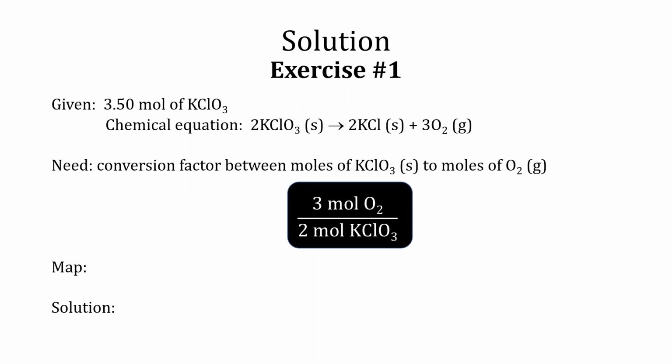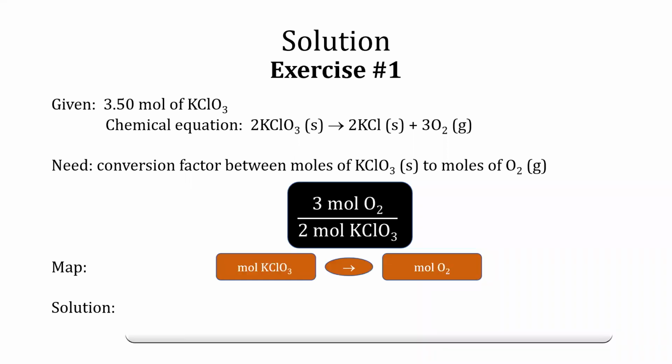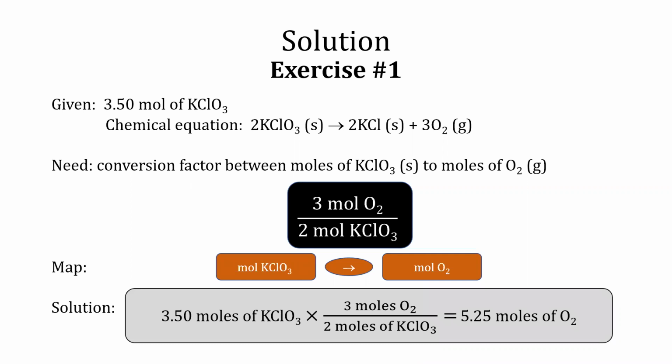Using the solution map, moles of KClO3 to moles of O2, 3.50 moles of KClO3 after multiplying by the converting factor of 3 moles of O2 over 2 moles of KClO3 produces 5.25 moles of O2.